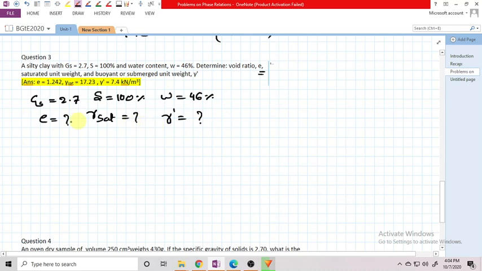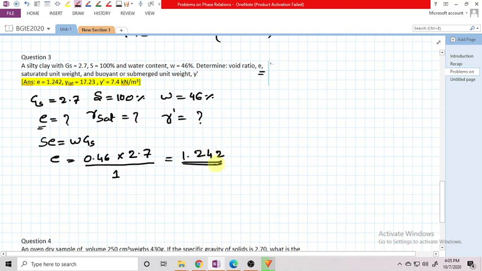First I have to find out the e value. Recall that equation, S·e equals w·Gs. So e equals w, the water content 46%, that is 0.46, times specific gravity 2.7, divided by degree of saturation, 100%, that means 1. So e equals 1.242. Then they are also asking for gamma sat, the saturated unit weight.